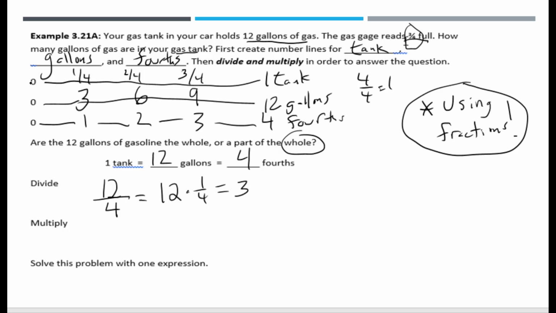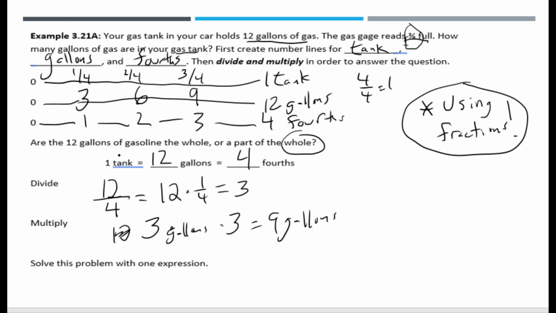So doing it visually, you can get a visual idea of the answer. I found 1/4, which is 3, and now I'm going to multiply the 3 gallons by 3/4, and I get 9 gallons.